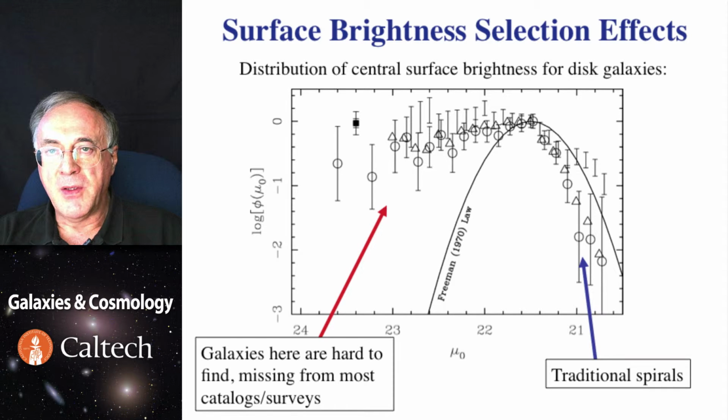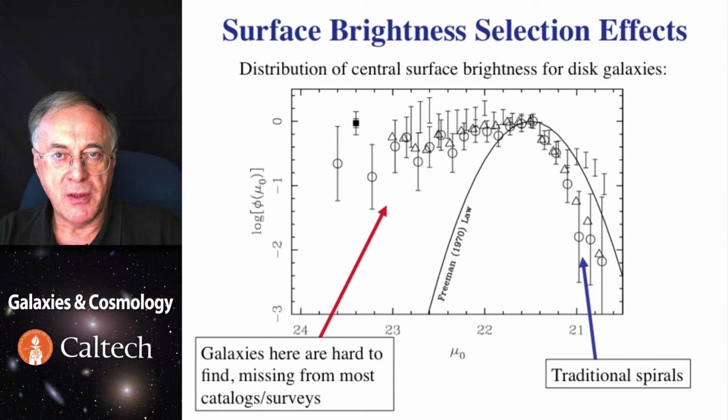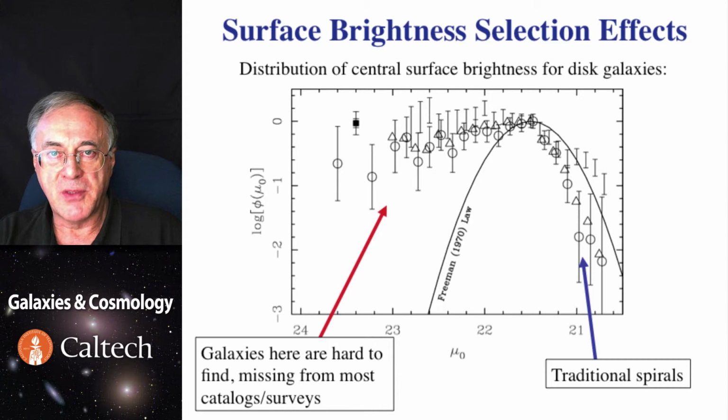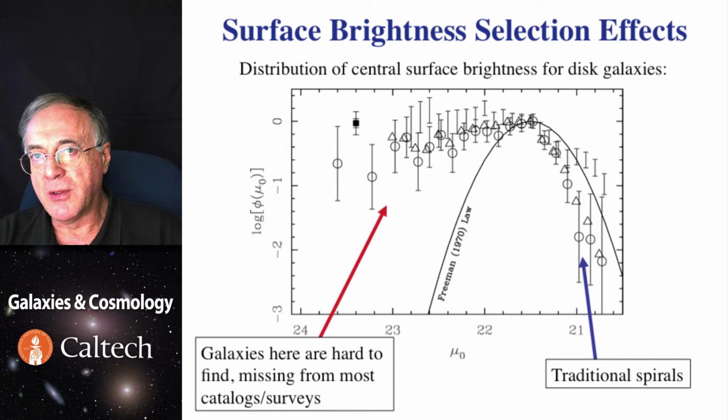But then there is an extension to the lower surface brightness of these newly found low surface brightness disks. In the past, because of selection effects, their existence just wasn't known. They're hard to pull out of the noise. And it appeared as if there was a Gaussian distribution with a characteristic central surface brightness, and that was called Freeman's law. So this again turned out to be more or less a selection effect.